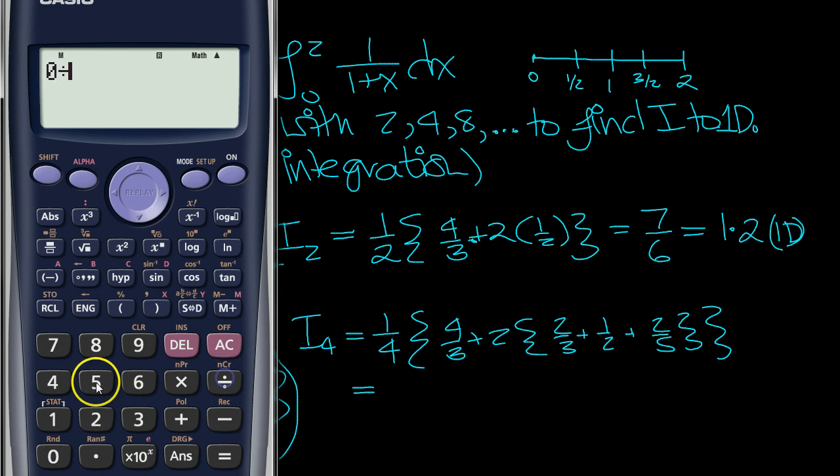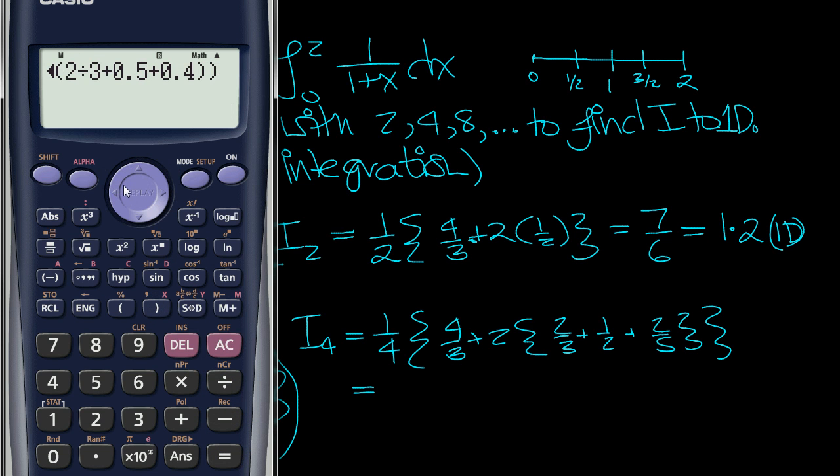We got 1 divided by 4 times bracket 4 divided by 3 plus 2 times bracket 2 thirds plus a half, 0.5, plus 2 fifths, which is 0.4. Close that bracket, close the end bracket.